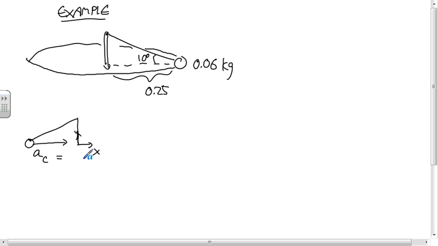And it has a magnitude of the same thing it did last time, v squared over the radius. So 4v squared. The direction of the centripetal acceleration is in the positive x. So the acceleration is 4v squared, 0.